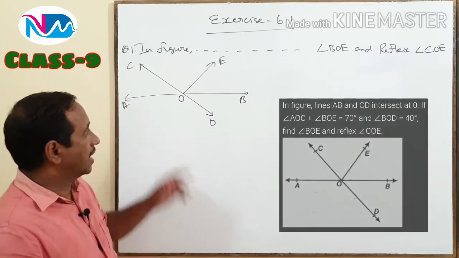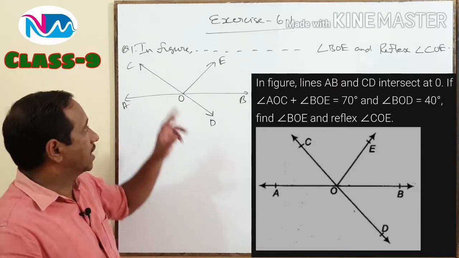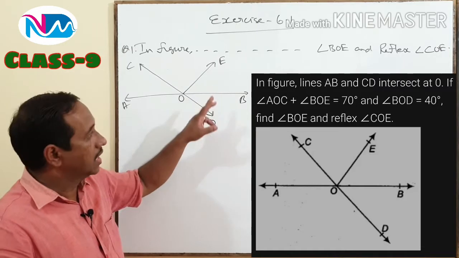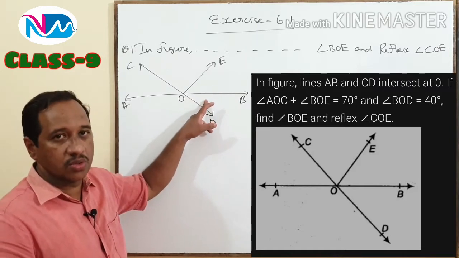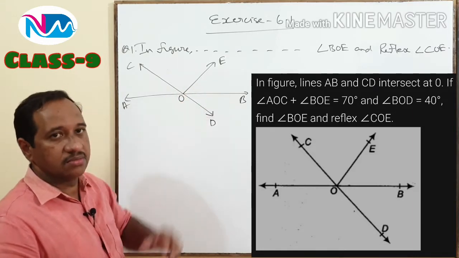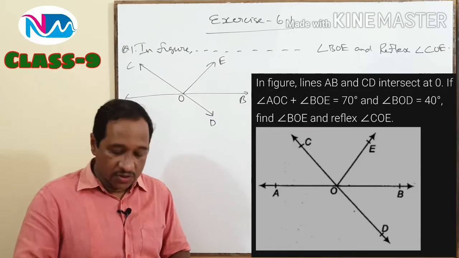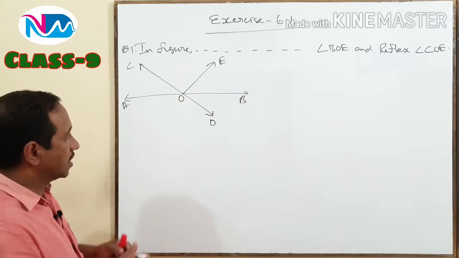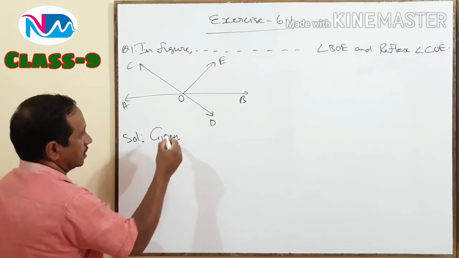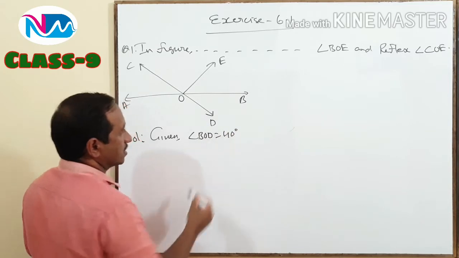In figure, lines AB and CD intersect at point O. If angle AOC plus angle BOE is equal to 70 degree and angle BOD is equal to 40 degree, find angle BOE and reflex angle COE. So according to question, we are given angle BOD is equal to 40 degree.